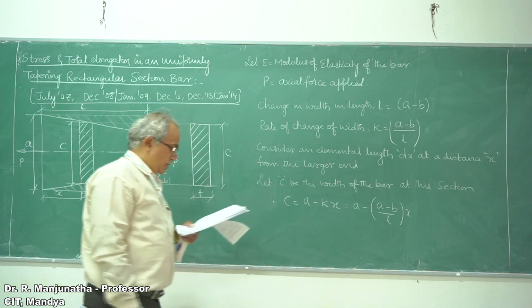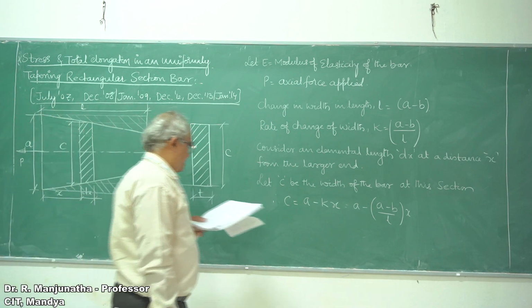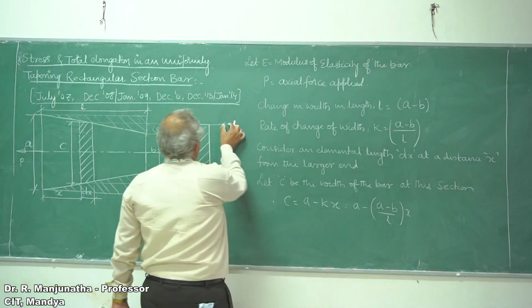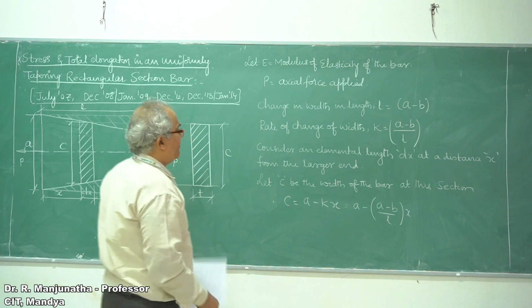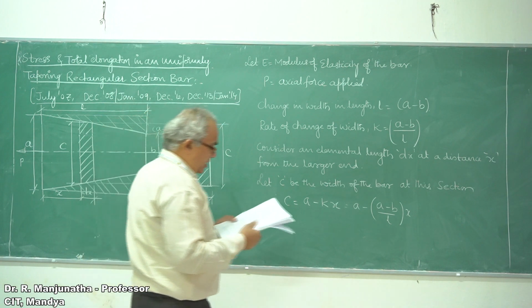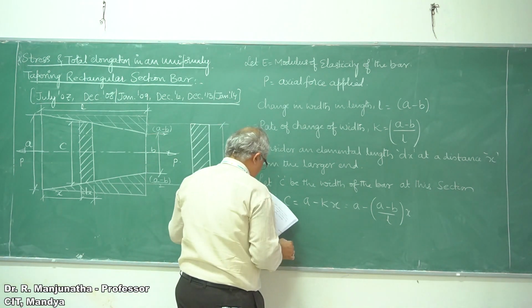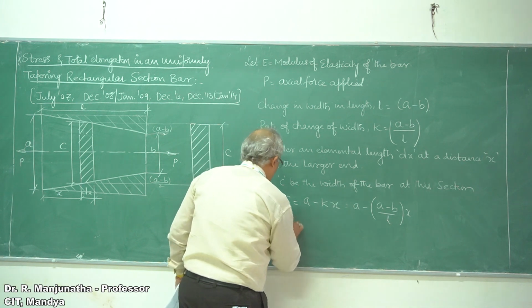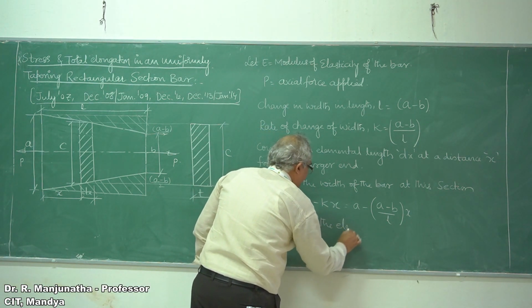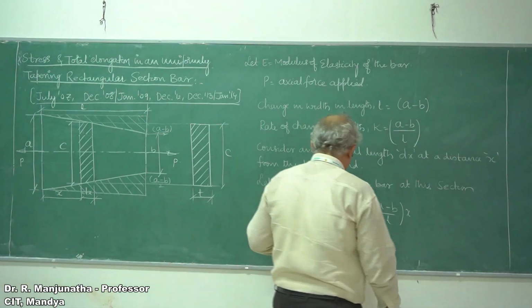Now we found the value of C, so what is the cross-sectional area of the elemental section?